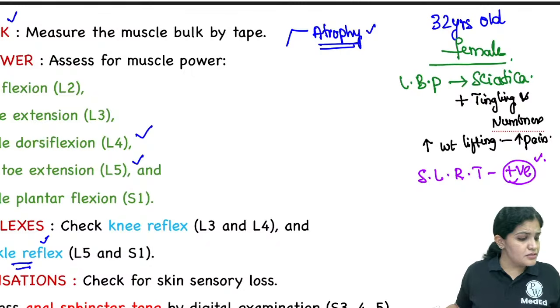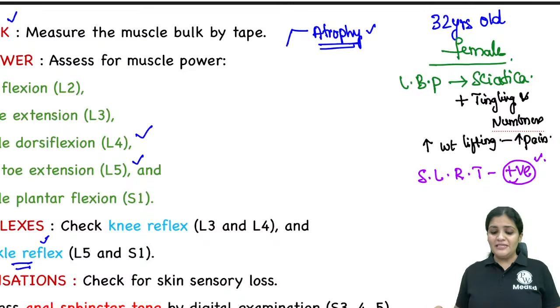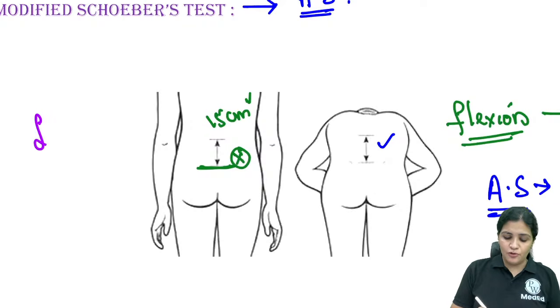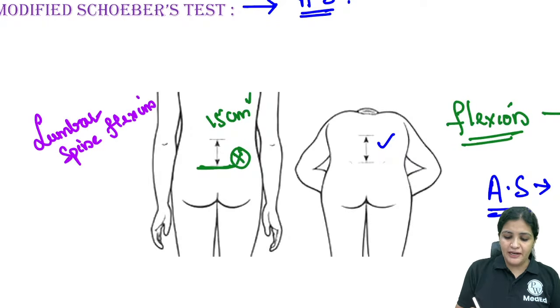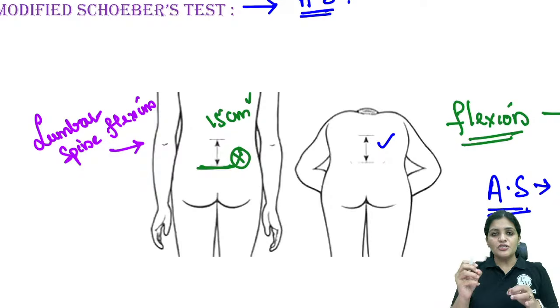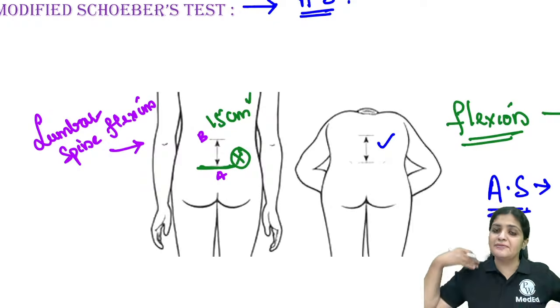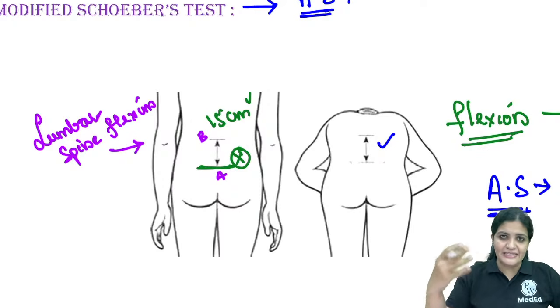Smaranya, what do you want to hear about the last test, the Schauber's test? Schauber's test is mainly for measurement of flexion. It tells you whether the lumbar spine is able to flex or not. How do you test it? First you mark a point A and then a point B. From A to B, if it is 15 centimeters, on flexion it should usually be above 15, like 16, 17, 18.